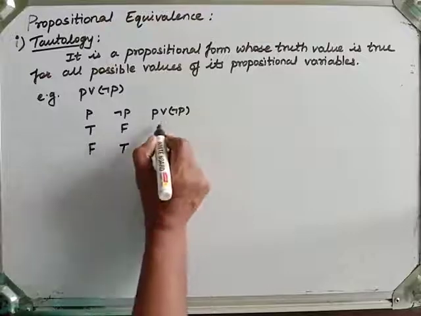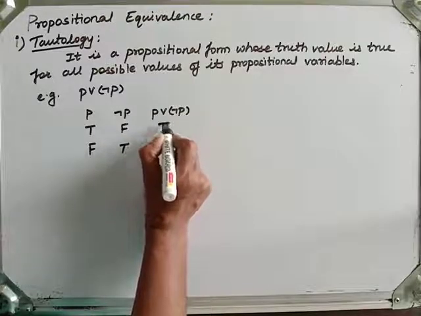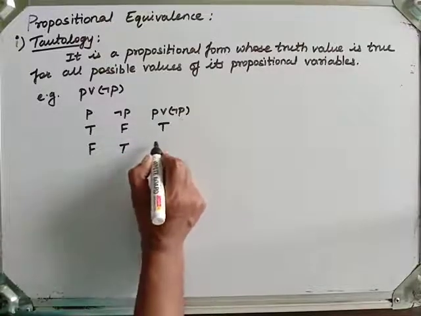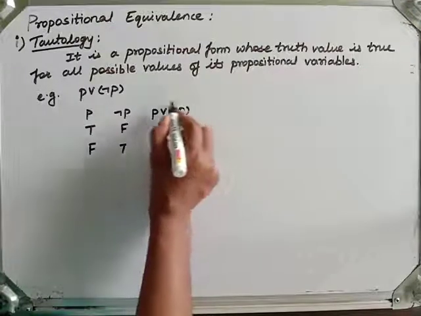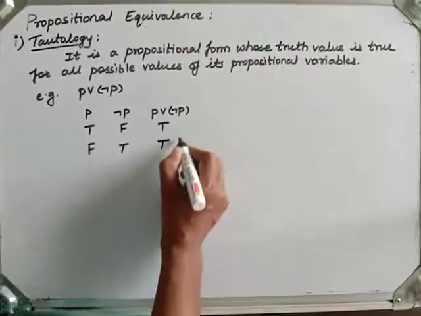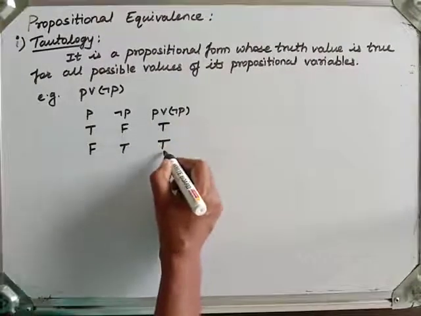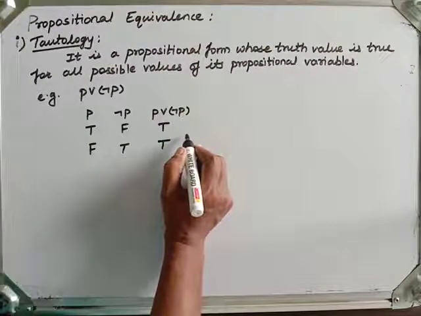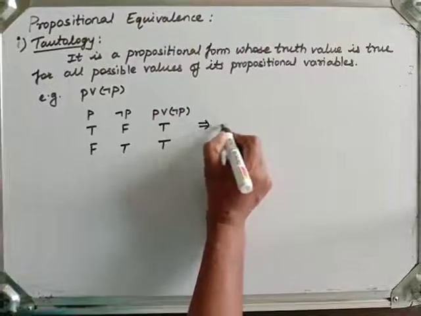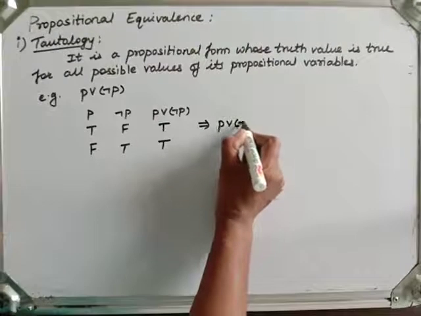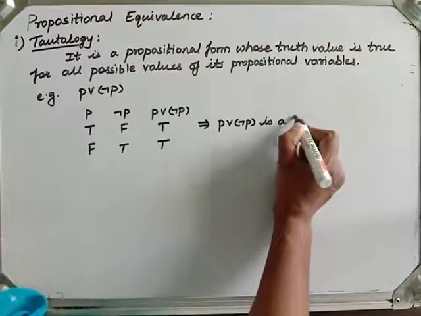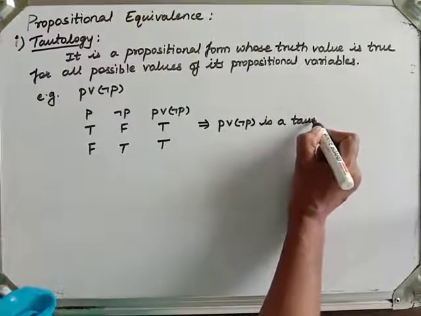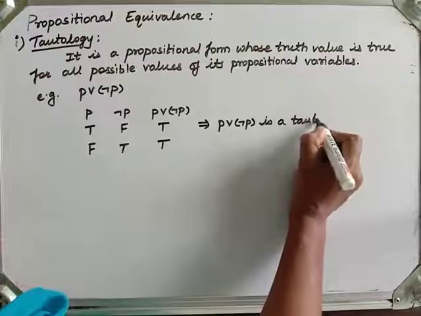So true or false will become true. Again false or true will become true. So as such, if we get all truth values true, then it is a tautology. So here I can say this P or negation P is a tautology. It is disjunction tautology.